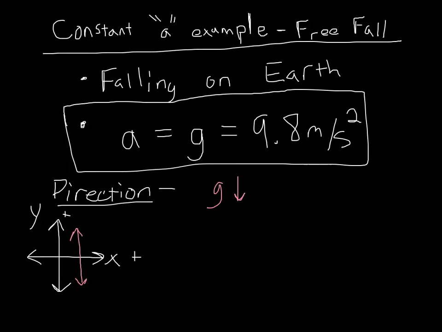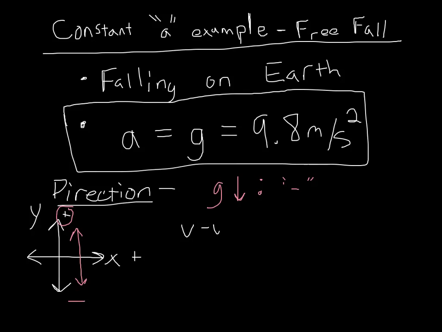Something is being pulled to the earth. It's accelerating as it falls. So g, in my choice, if I say up is positive, that means down has to be negative. So g is going to have a negative value. So if I write all my kinematic equations for this case, for freefall, and I'm going to assume that down is negative, then my equations look a little bit different.